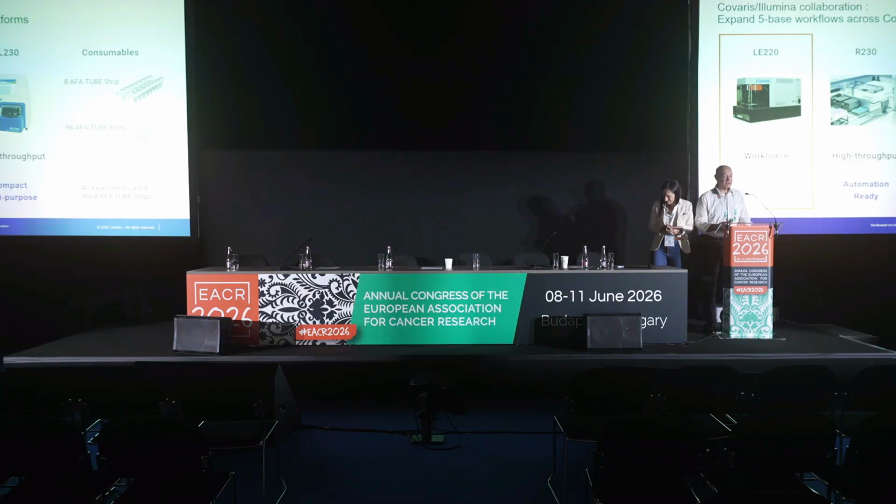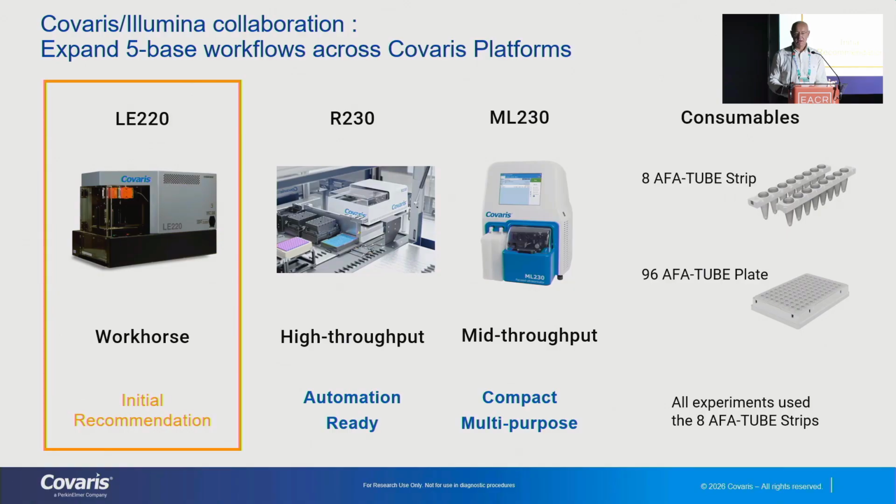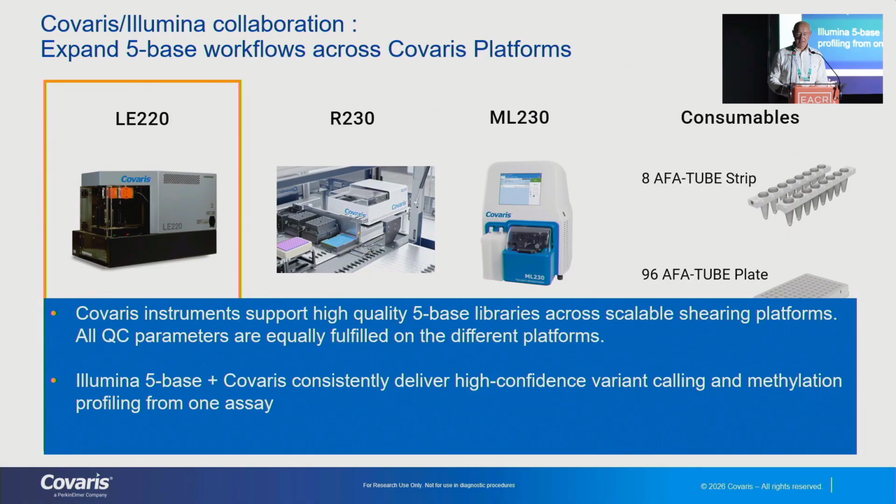Sure. The instruments you see here: the workhorse, the LE220, is present in a lot of labs around the world. But during the last years, we've introduced a high throughput solution called the R230, and also a medium throughput ML230, which both work in 8-strips, but the R230 can also work in 96-well format. It can also be automated, and I'll come back to that.